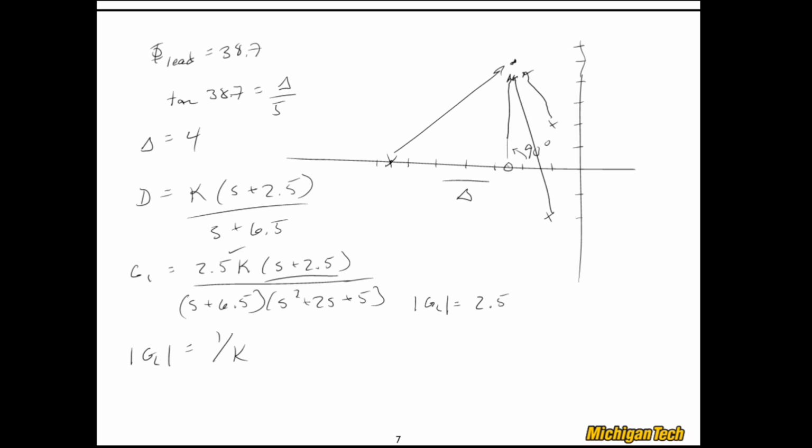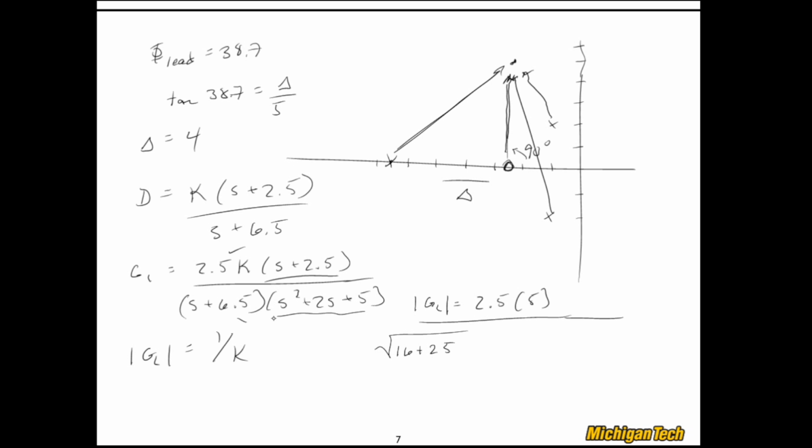This term is associated with this zero, and the length of this arrow is 5. So I'll have a 5 up there. Divided by, let's see, I'll go after this term. The length of this arrow is the square root of 4 squared, so that would be 16, plus 25.